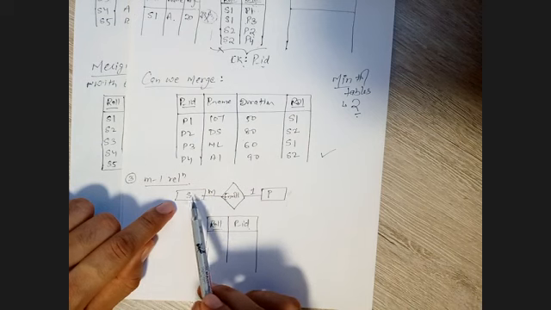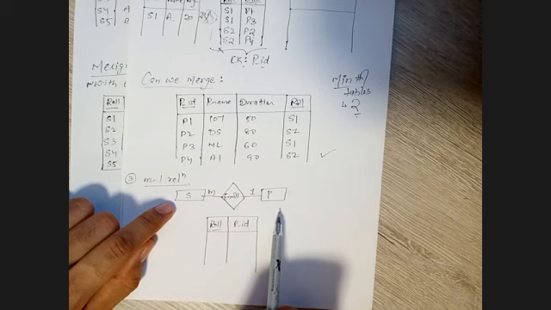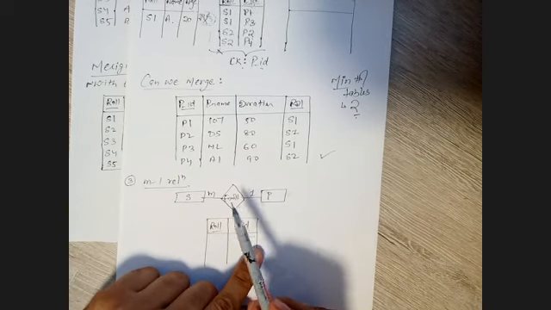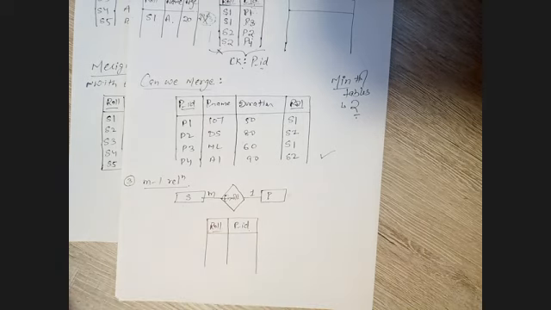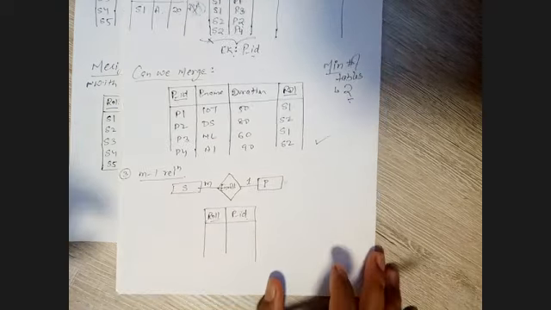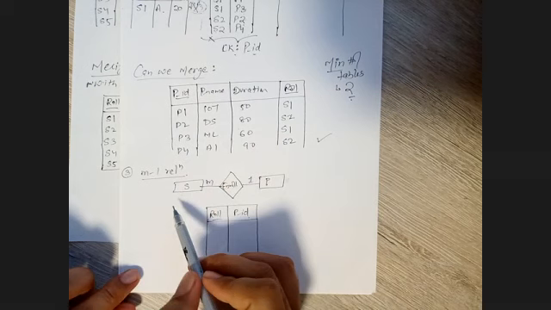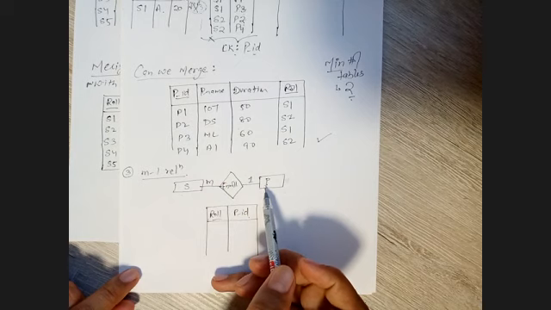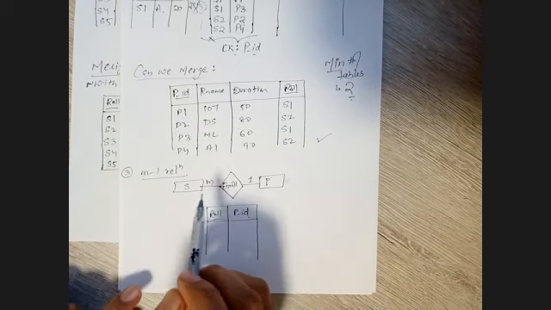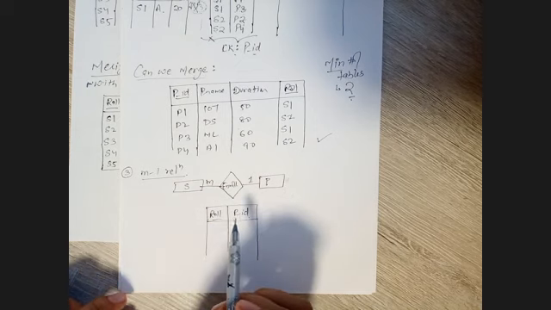In a many to one relation, what it means is a project can have many students, but every student is enrolled in exactly one project.